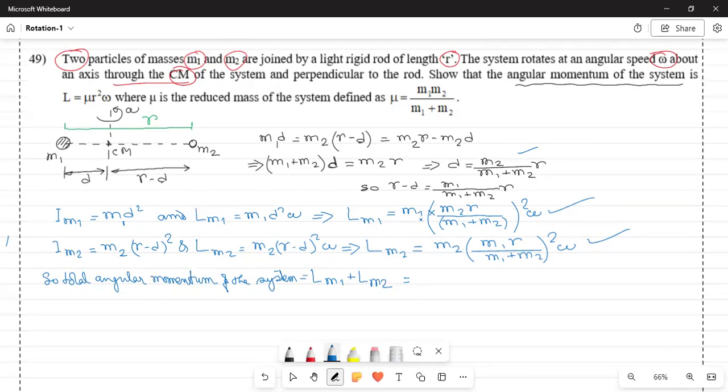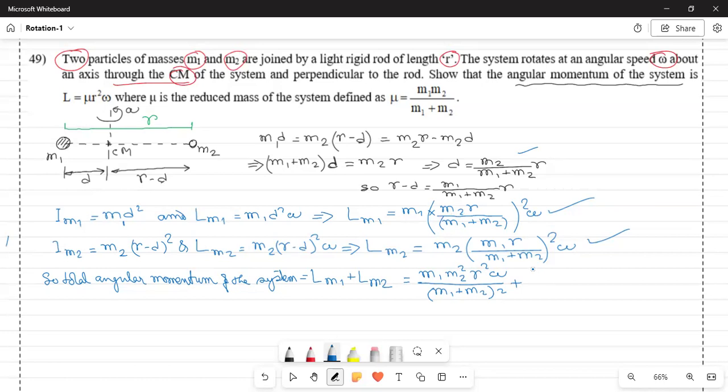From the first one, we find M1 M2 square r square omega in the numerator. In the denominator is M1 plus M2 whole square.